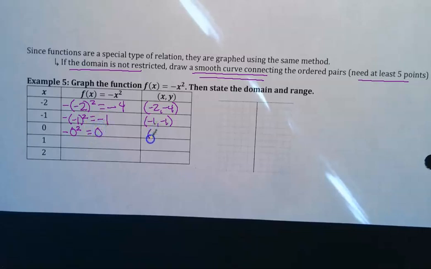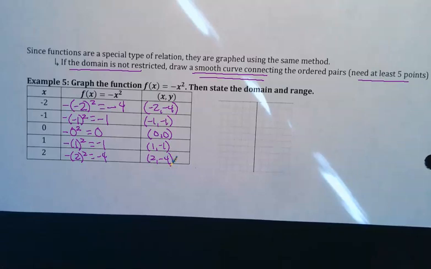So my ordered pair is 0, 0. Perfect. Then 1 squared equals -1, so I'm good. And for 2, negative 2 squared equals -4. So what's my ordered pair? 2, -4. Okay, so then I'm ready to graph it.